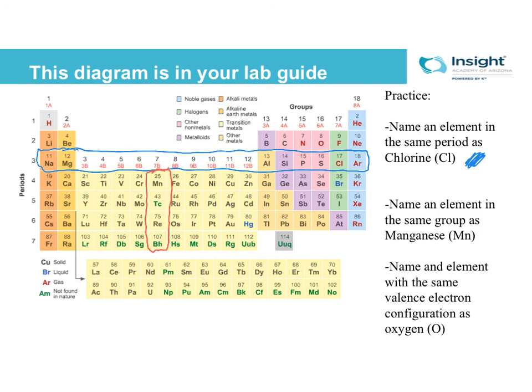If you recall, elements in the same group contain the same valence electron pattern. So again, you've got to find the group. Those are the right answers here, in green. Anything in this group 16 or 6A is going to have the same valence electron pattern.